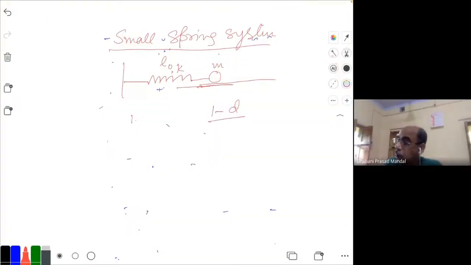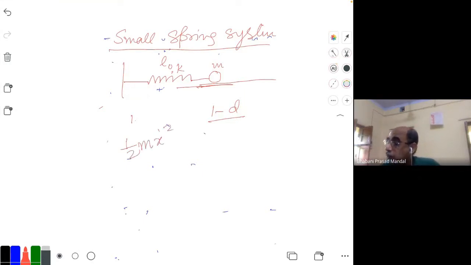Yes, so this will be half m x dot square. I'm taking that at any time the position is x. This is one dimensional, so position is x, and then the potential energy in a mass spring system, that you have to add.